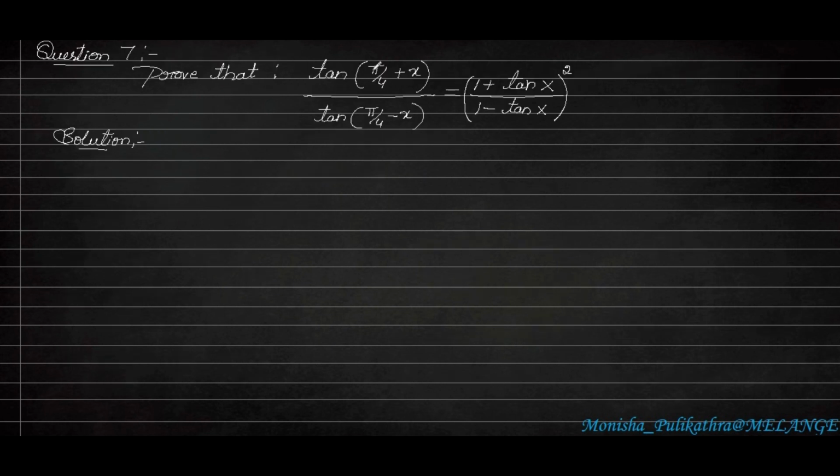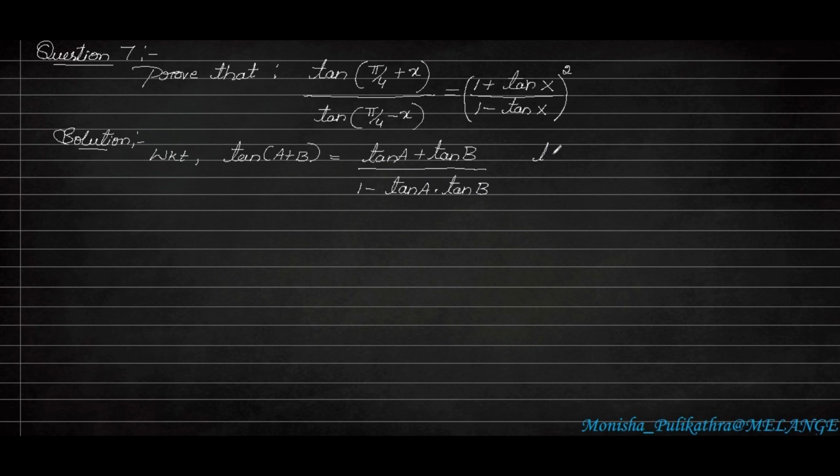Here we need to prove that tan(pi by 4 plus x) divided by tan(pi by 4 minus x) is equal to (1 plus tan x by 1 minus tan x) whole square. Before that we need to understand the formulas pertaining to this. Tan(a plus b) is equal to (tan a plus tan b) whole divided by (1 minus tan a into tan b).